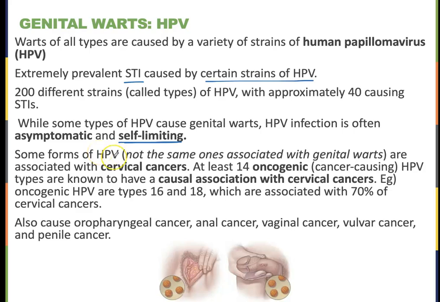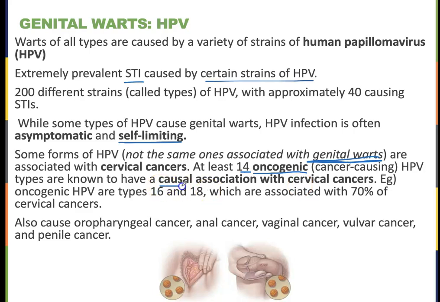Some forms of HPV, and these are not the same that are associated with genital warts, which is interesting because I actually thought that the ones that cause genital warts were also the ones that cause cancer, but it's not so. So, some forms of HPV can cause cervical cancers, and there's 14 oncogenic. So the word oncogenic means cancer causing, that are linked to cervical cancers.